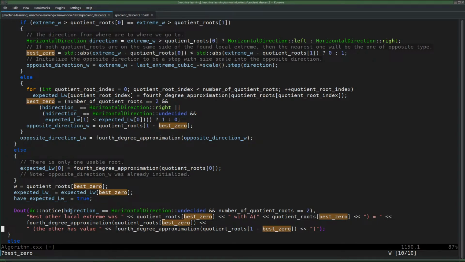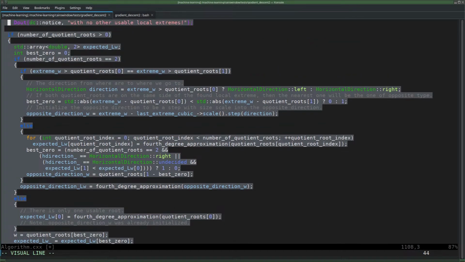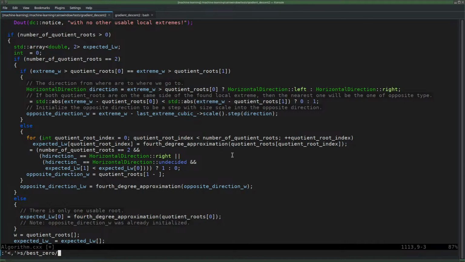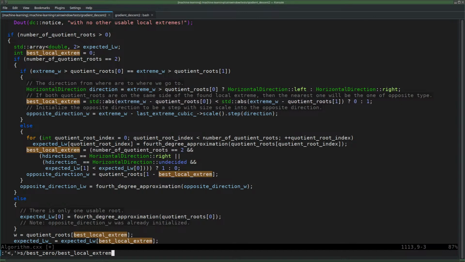Oh yeah, in the text I call it local extreme. I think I should call it local extreme. At some point we just switch. Damn it. So I switch here from talking about the zeros or the roots of the quotient, which is the derivative divided by w minus one of the roots, to best local extreme.